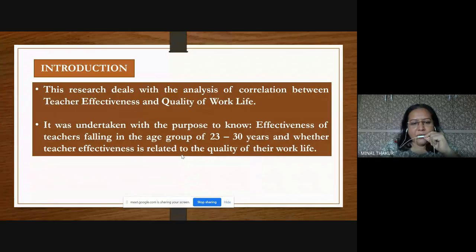It was basically undertaken with the purpose to know the effectiveness of teachers falling in the age group of 23 to 30 years, maybe your age group, and whether teacher effectiveness is related to their quality of work life. Next slide, please.